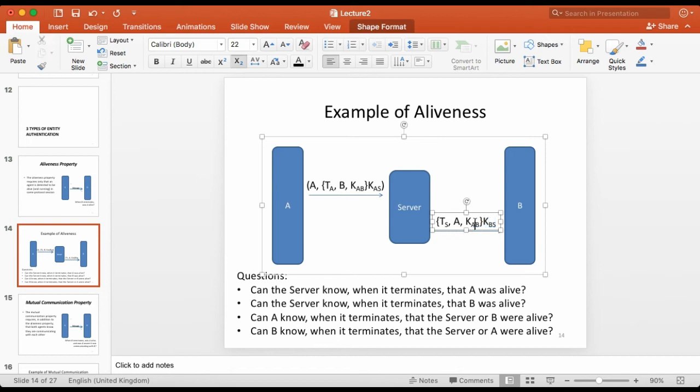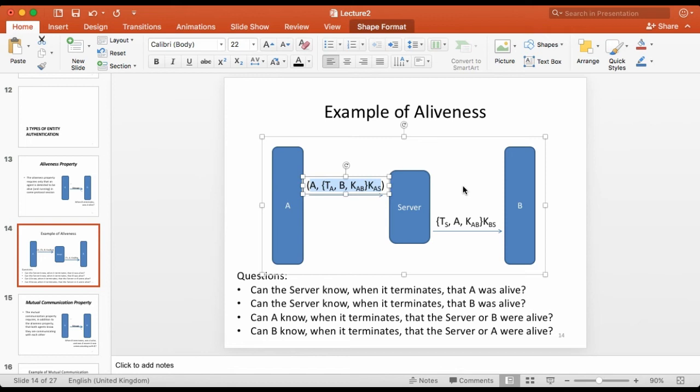because that whole message here would not have been sent by the server unless the server received the earlier message and the server then was able to determine that that earlier message indeed came from A, or from Alice.